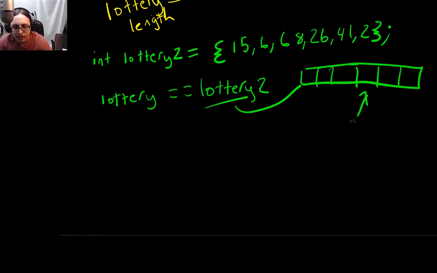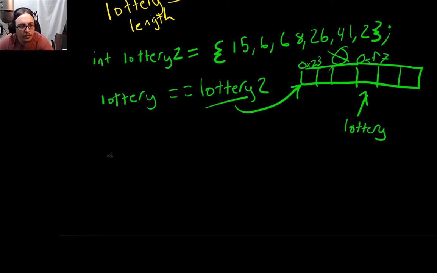So this is where lottery is pointing, and this is where lottery2 is pointing. So this would be like 0x23, and this could be 0xF7, right? 0x23 is not equal to 0xF7. That's what it's actually comparing.